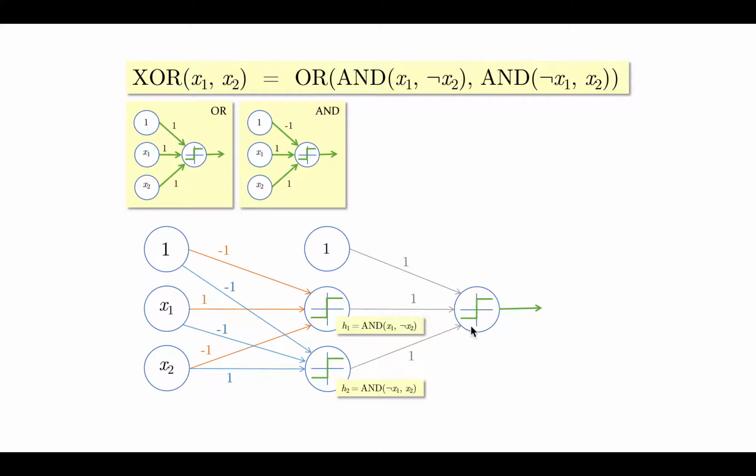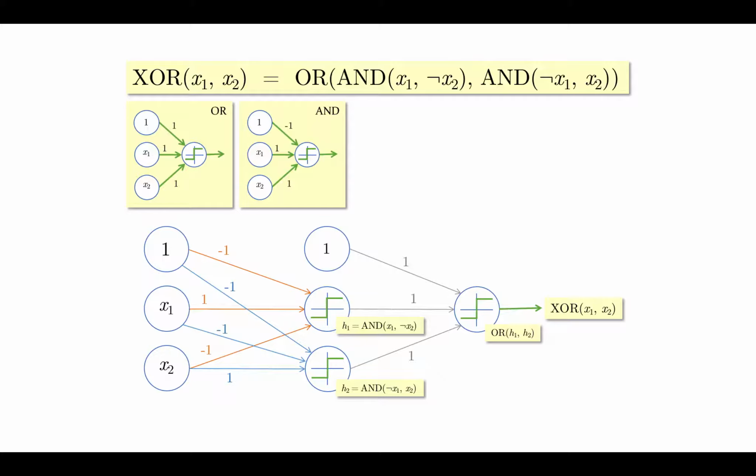So the function that I will get here at the input of this, before this threshold happens, will be OR of h1 and h2, but h1 and h2 are nothing but these things, and so I have an exclusive OR of x1 and x2 here, and then I can threshold it and it will be correctly classified.